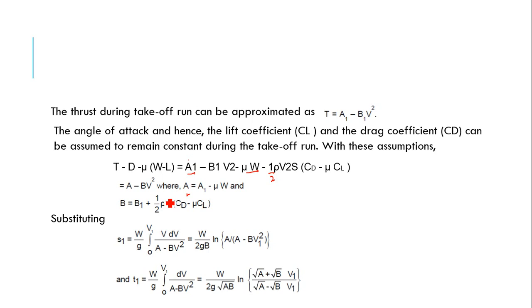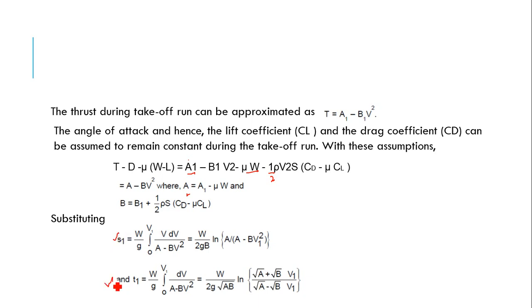Now substituting the values in S1 and T1, we get S1 equals W by g integral from 0 to V1 of V dv divided by A minus B V square, which equals W by 2gB into ln of A by (A minus B into V1 square). Just write this equation.